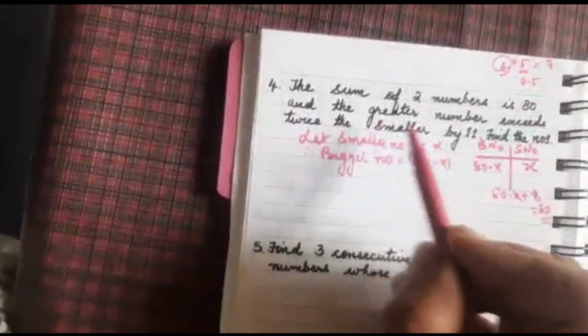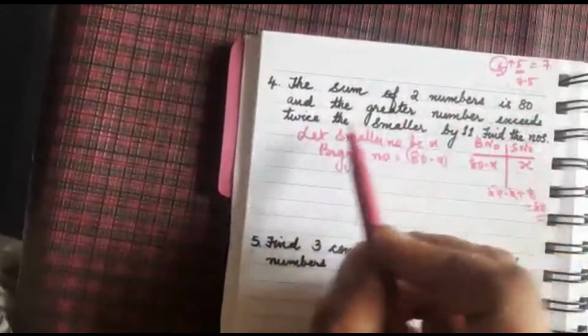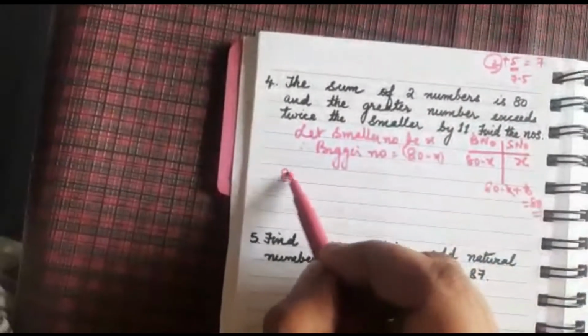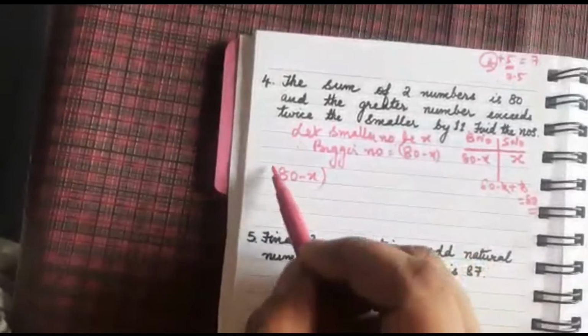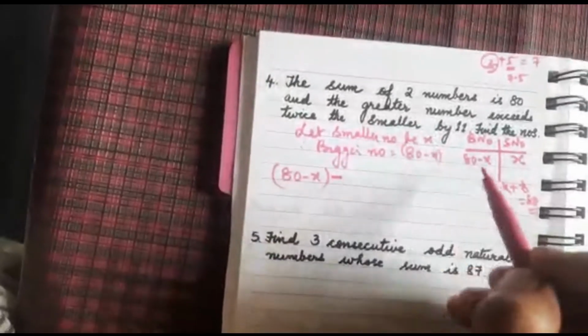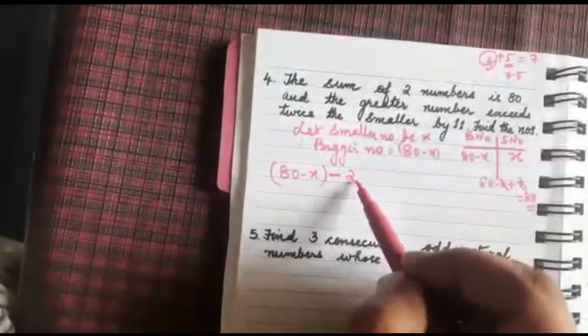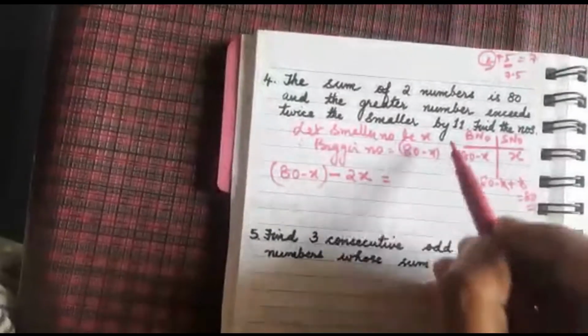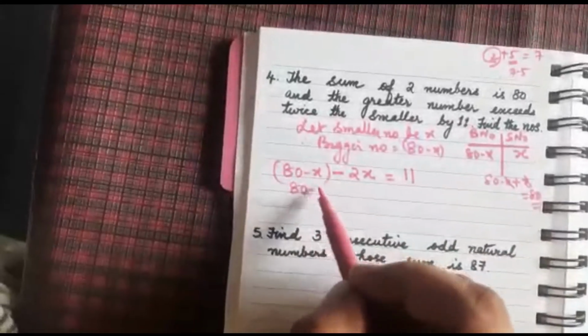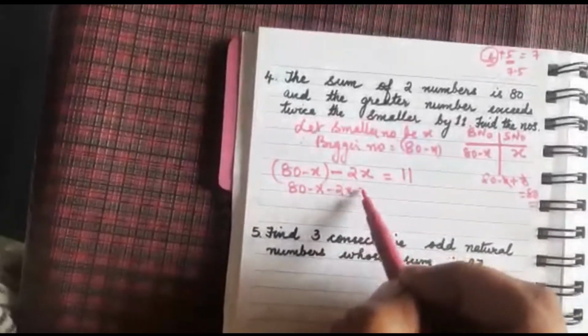Now the greater number exceeds twice the smaller number by 11. The greater number is 80 minus x. That exceeds, minus twice the smaller number. Smaller number is x, so twice the smaller number means 2x. That's equal to 11. So open the bracket, minus x minus 2x is equal to 11.